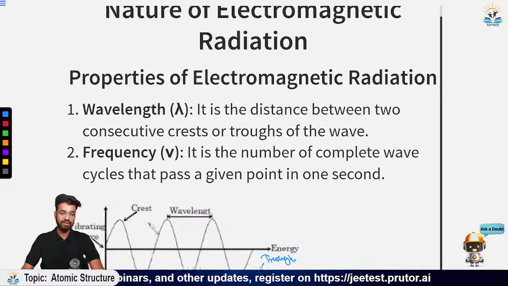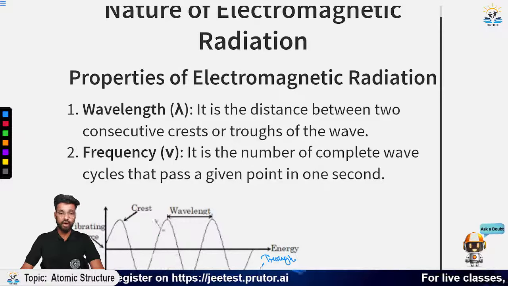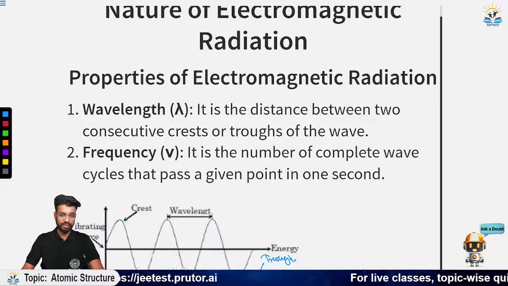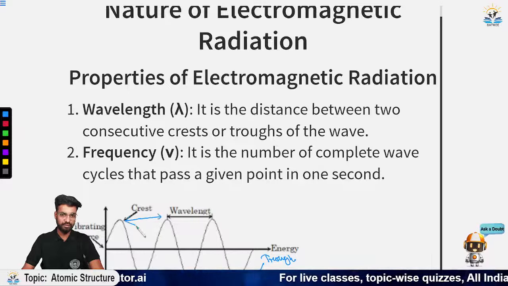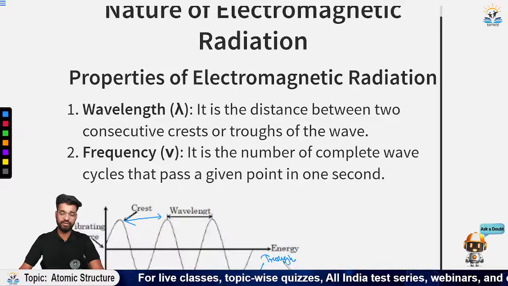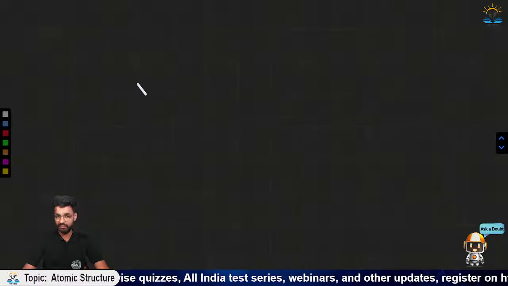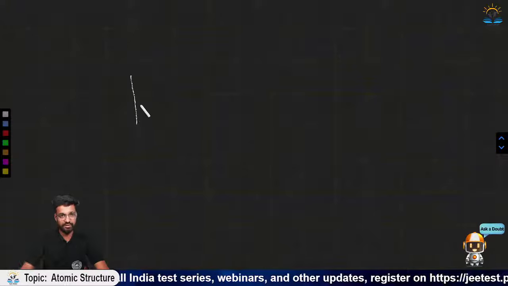Then what is wavelength? The wavelength is the distance between any two consecutive crests or troughs. You can call this distance wavelength, or this distance also wavelength. The distance between two troughs can also be called wavelength. I can show it here also, because it is not visible there.